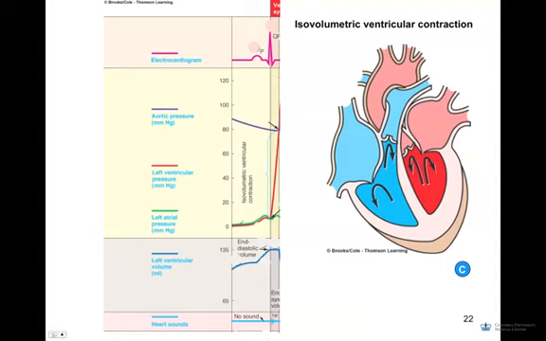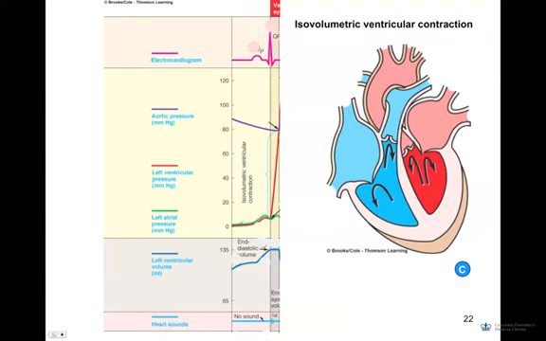The other indication on this graph that we have the closure of the AV valves is that the ventricular volume that was slowly increasing all of a sudden flatlines. Okay? Because there's no more movement of blood into the ventricles, there's no more increase in ventricular volume. It stays the same.